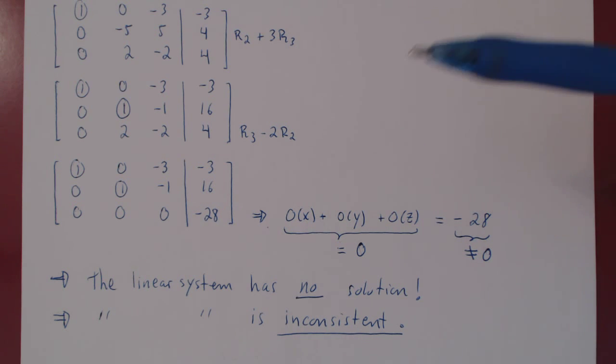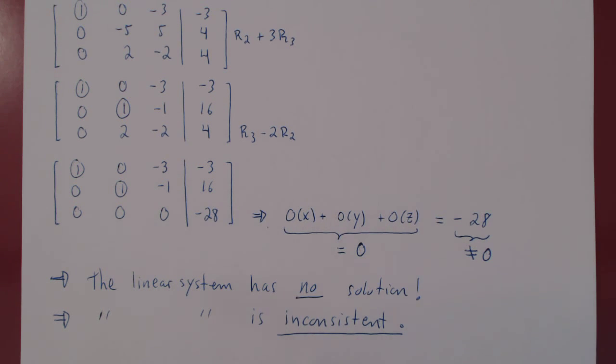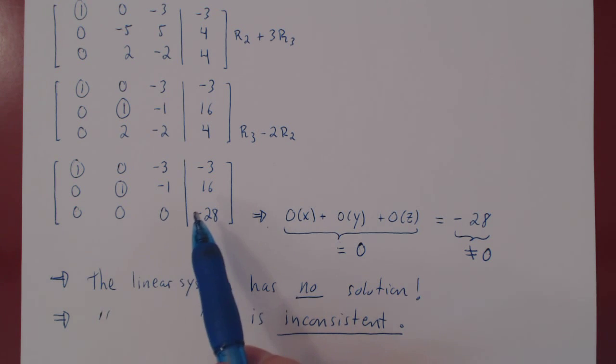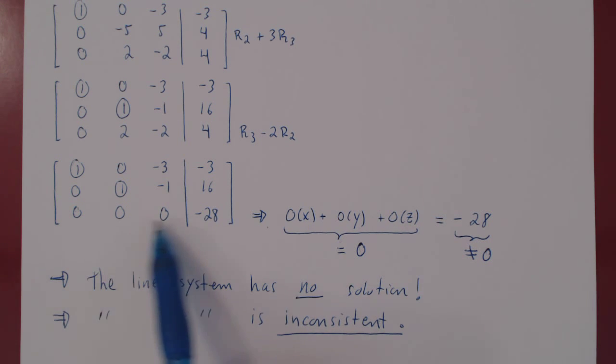So if you had a really large linear system, and early on the row reduction appeared a row of 0 coefficients and a non-zero constant, you can stop. You don't have to reduce any further, as this will always imply that there is no solution, therefore the system is inconsistent. So it is impossible to find any solution, as there are none.